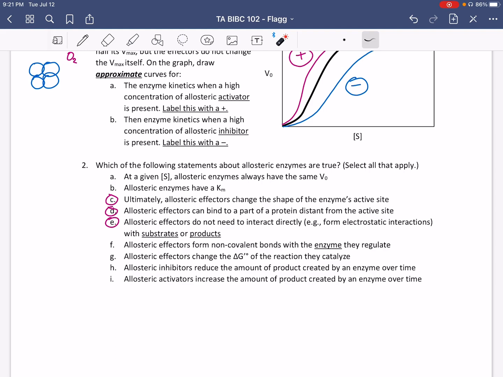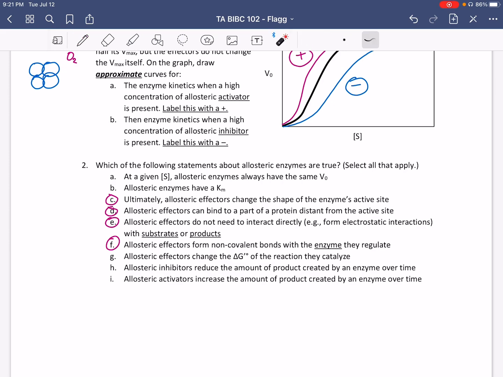So it is correct that all of these effectors form non-covalent bonds because it's just so much easier to regulate that way and have them dissociate and bind whenever needed.